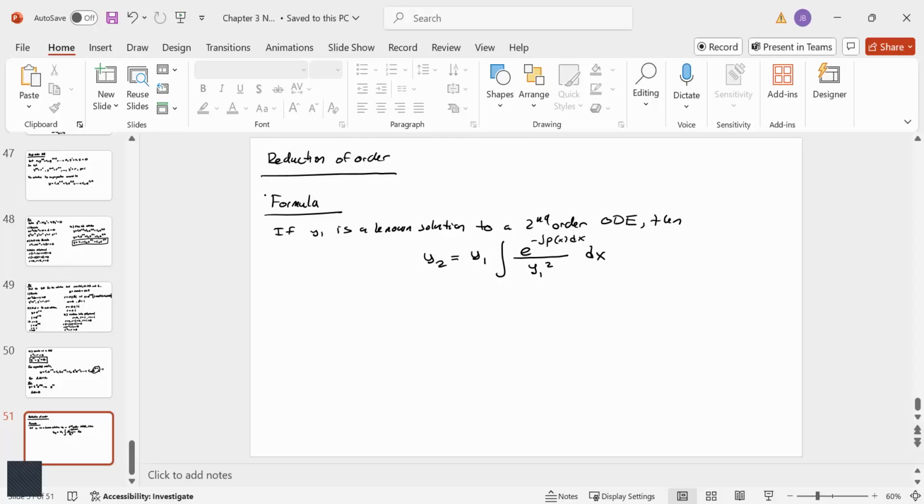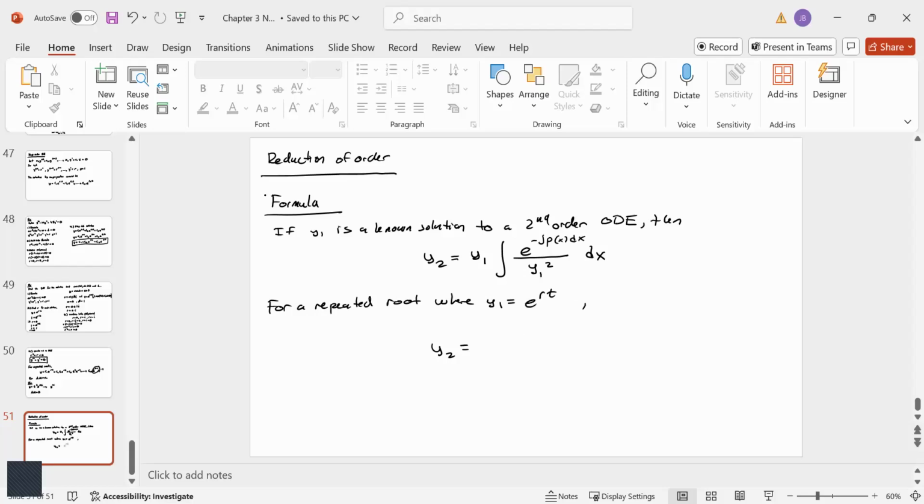So to go back to the repeated root case, where y1 is equal to c1 e to the rt, like that's our solution. For y2, we can drop the c1. We don't actually need it because it's just going to all cancel out. So e to the rt, we'll just leave it like that.